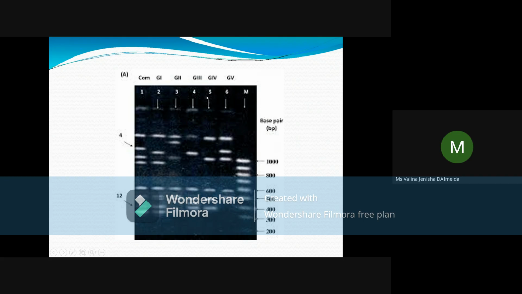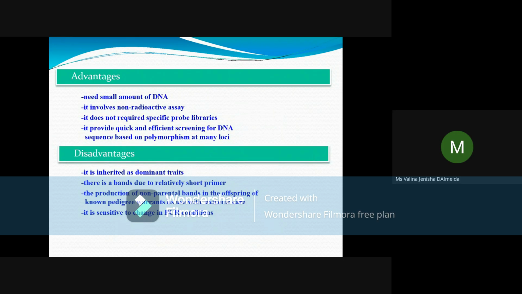Screening of polymorphism is quite higher than with RFLP. The disadvantage is that sometimes with inherited dominant traits, you will not be able to distinguish homozygotes and heterozygotes, and it is sensitive to the PCR conditions. So all those things are there.